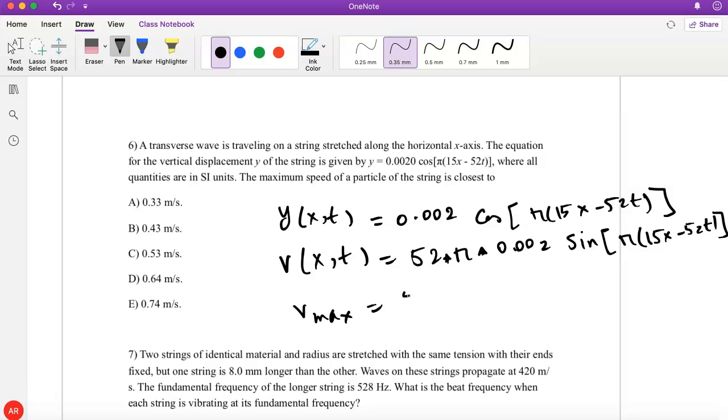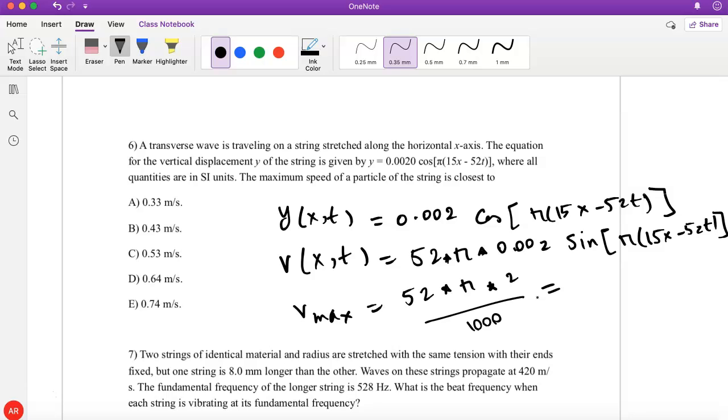So whatever that is, let's say 52 times pi. I'm going to need a calculator to figure this out. So that's 2 over 1,000. Let's see if we can guess what it is. So pi is about 3.14, so 6.28 times 52.